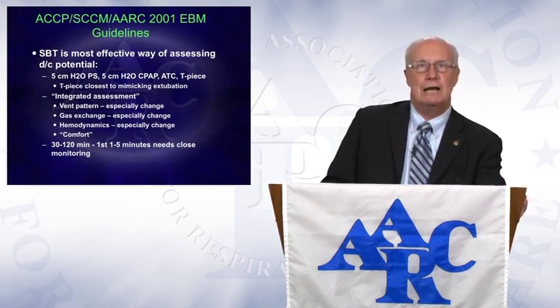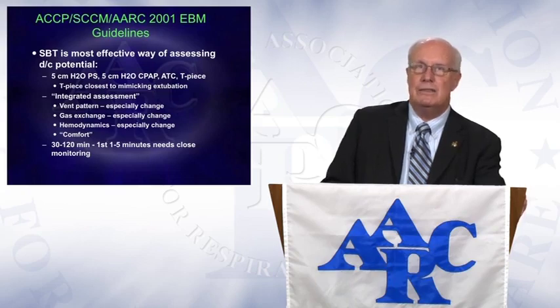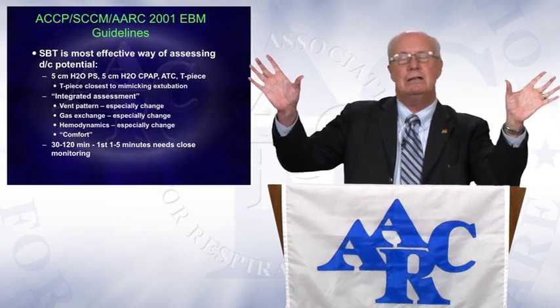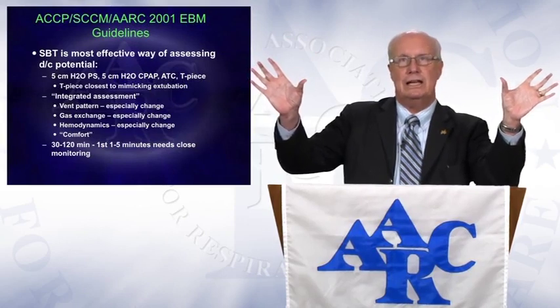Now you notice I didn't give you any numbers to base this on. In fact, a lot of people talk about the rapid shallow breathing index that I mentioned before. They use the number 105 as a cutoff to determine if they should proceed with discontinuation. I think, again, that a single number is a useful correlate with success, but I would not use it as a determining cutoff value. Scott Epstein did a wonderful study, or his team did, where he had patients being discontinued using a hard and fast 105 RSBI as a cutoff versus the integrated assessment I've described on this slide here.